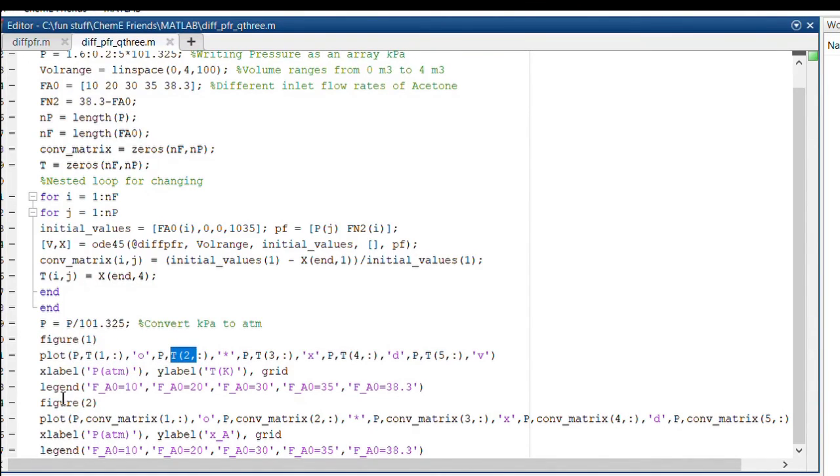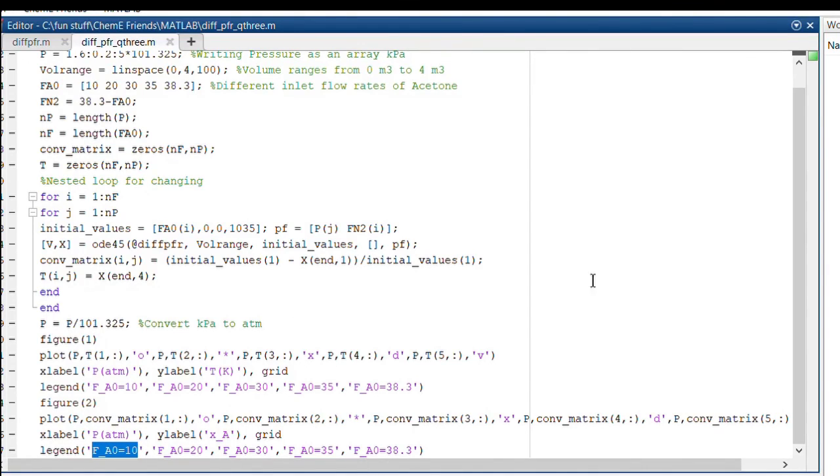As you can see in the legend, there are different flow rates, and each corresponds to one graph. Similarly we are doing pressure versus conversion, with one plot for each flow rate.